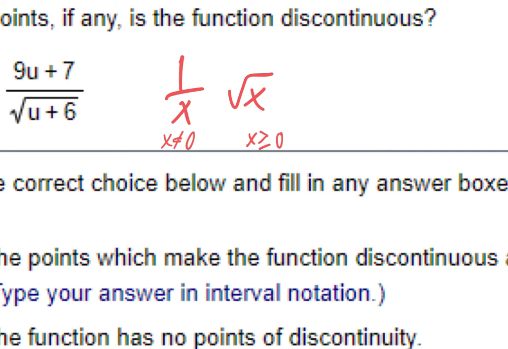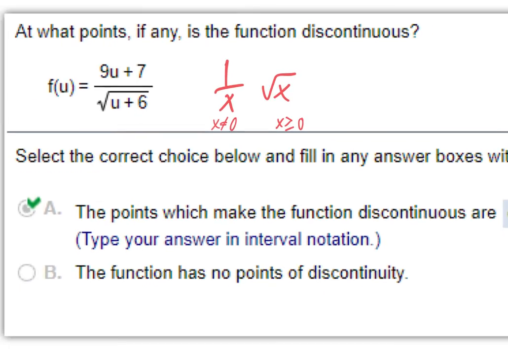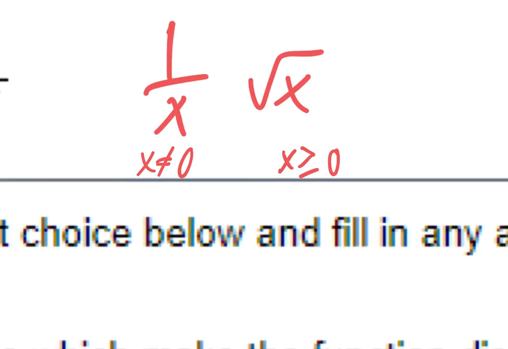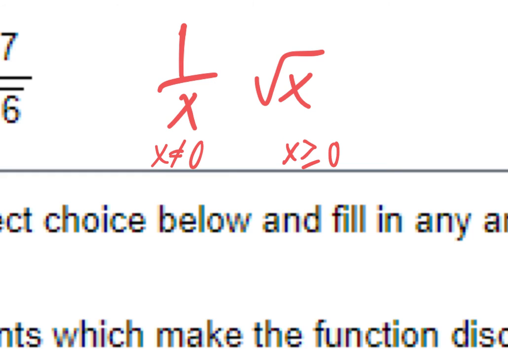I can also take the square root of 0. I can't take the square root of anything that's less than that. Okay? So what I have to do is sort of marry these two stipulations. They have to agree with one another.